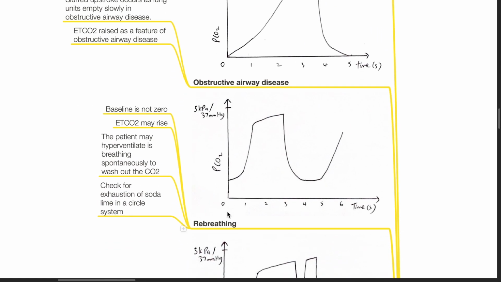Rebreathing. Baseline is not 0. EtCO2 may rise. The patient may hyperventilate if breathing spontaneously to wash out the CO2. Check for exhaustion of soda lime in a circle system.